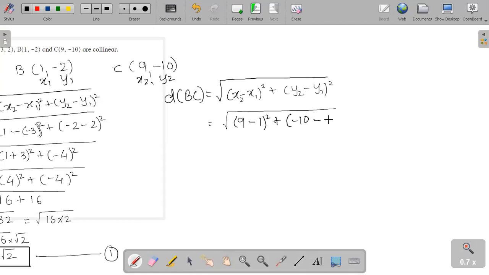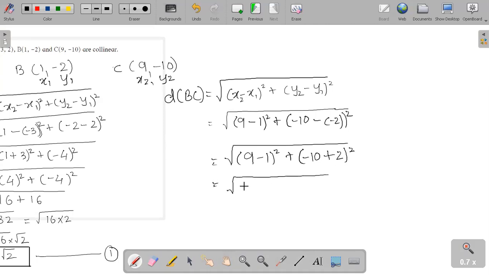And y1 will be minus 2. Minus of minus 2, the whole square. So we'll simplify it. Here, minus into minus, it will change to minus 10 plus 2, the whole square. Now we'll solve it.